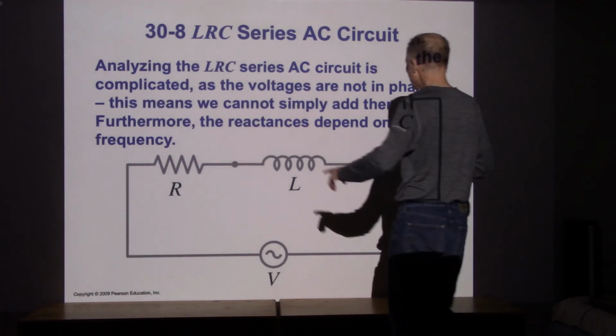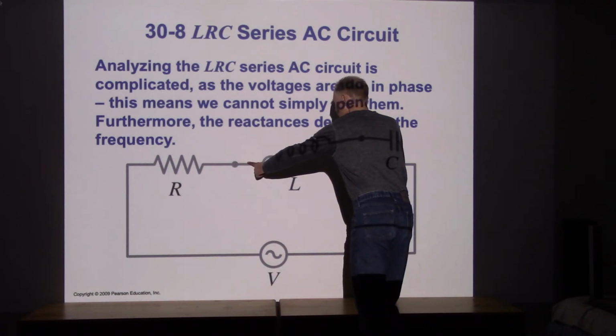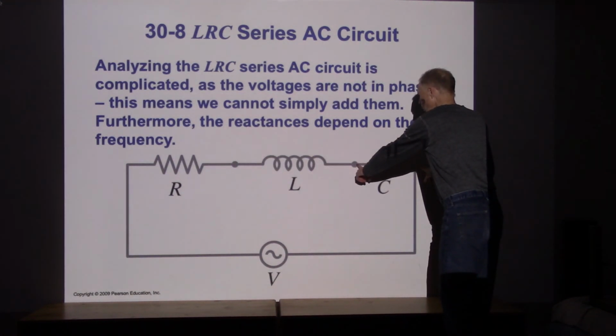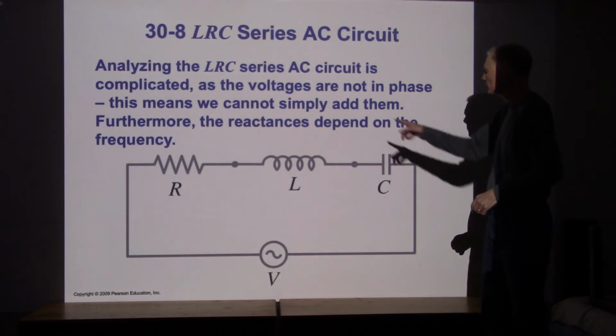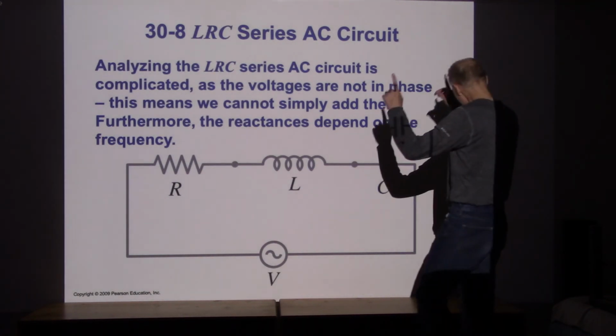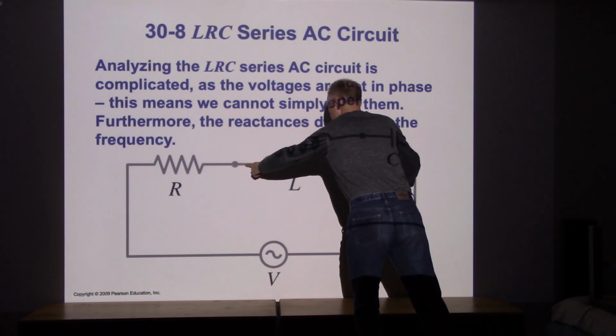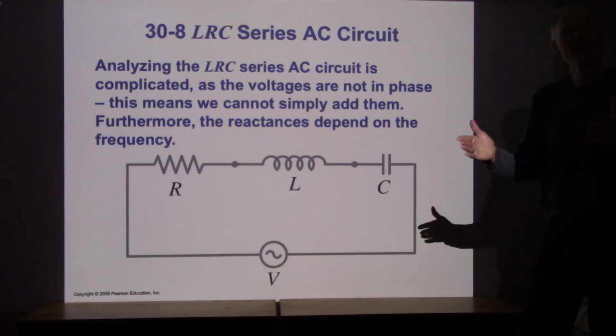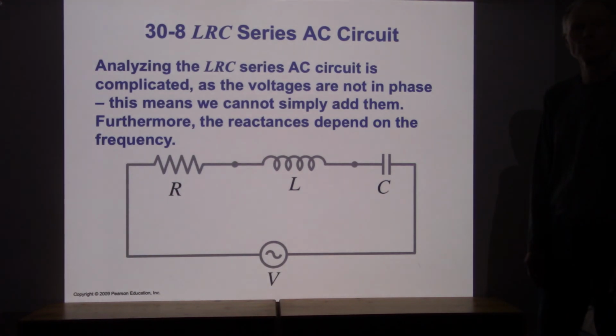If I put a voltmeter here and I have 80 volts across the inductor, and I put a voltmeter here and I have 50 volts across the capacitor, when I put my voltmeter across both of them, I'll get 80 minus 50, there'll be a net of 30 volts across.